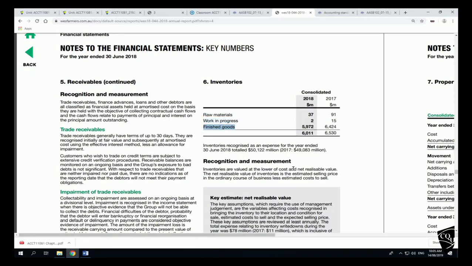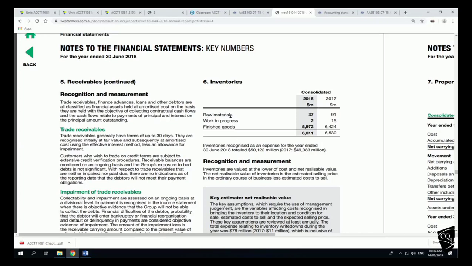Remember, Wesfarmers owns a lot of retailing companies. Will those raw materials be like, you know how there's Coles branded food products? Would that be why there's raw materials in something like that, because they're making some of the products themselves?